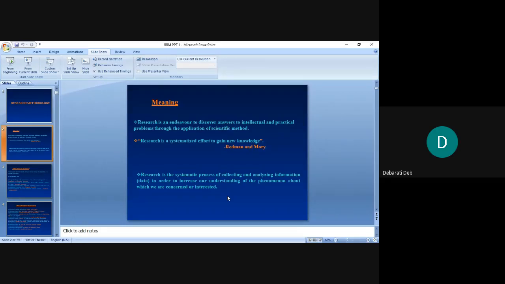So if you're doing an internship, then your problem areas will be limited to the problem of the firm in which you're working. But if you're not doing an internship and you are asked to do a research, then your problem area will become vast. Let me give you my example.